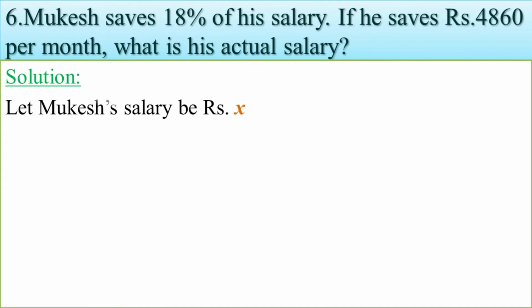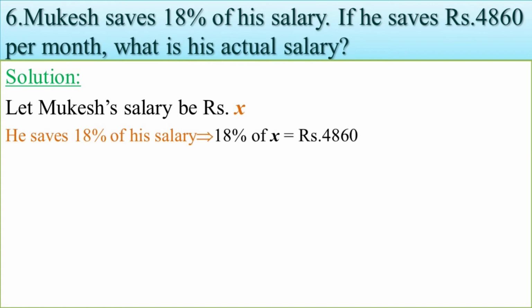Let Mukesh's salary be rupees X. We have to find the value of X, which is the salary of Mukesh per month. Given he saves 18% of his salary. So 18% of what is the salary here? We have taken it as X, which is equal to rupees 4,860. They have given that the saving amount is 4,860. That's why we have written it like this.